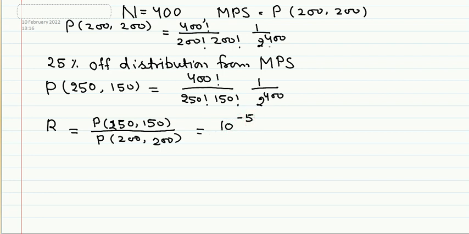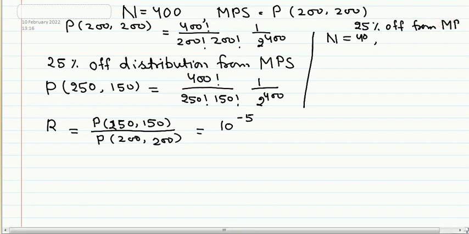So what we can conclude from this is that when n is equal to only 40, for 25% distribution, in both cases we have taken 25% distribution from the most probable state.